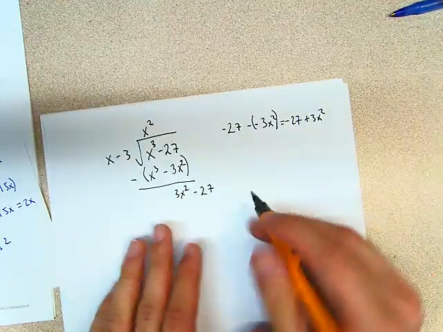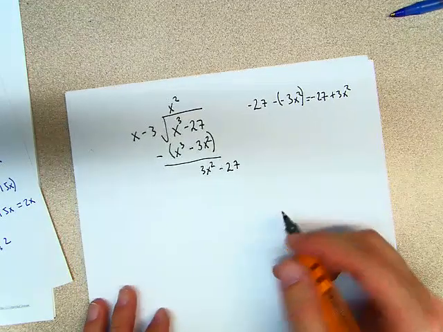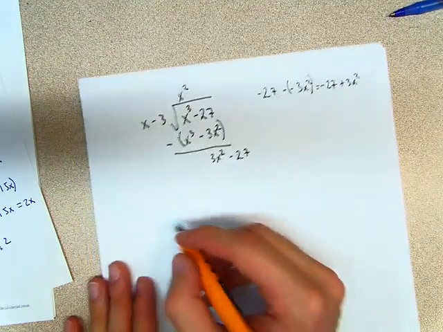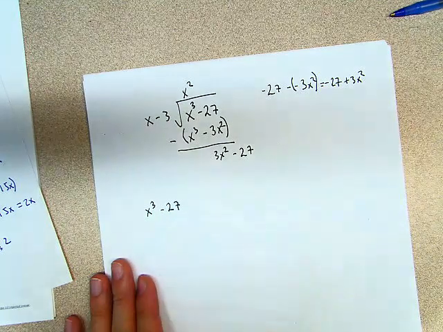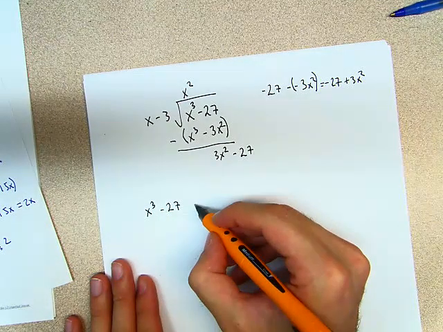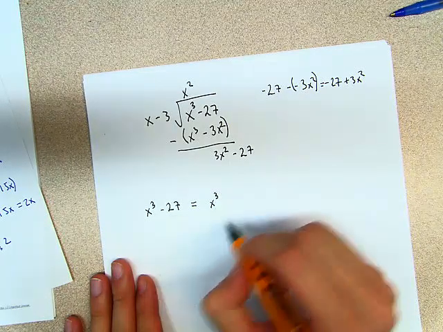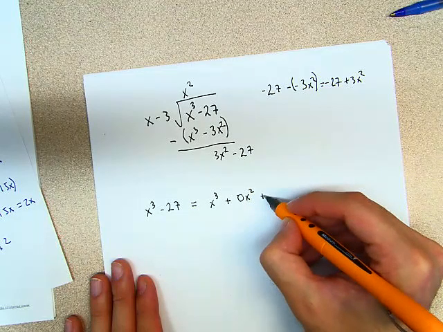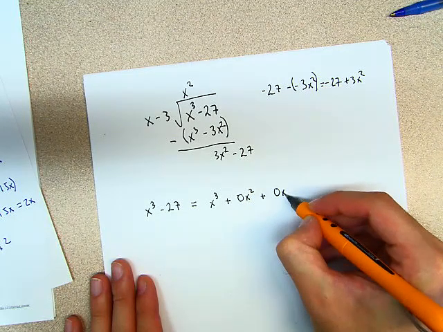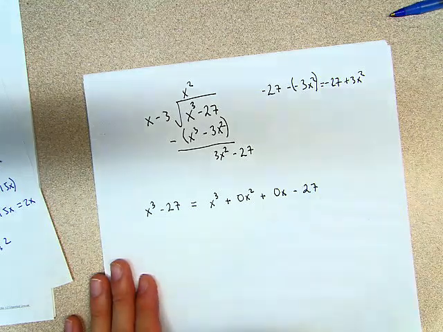And right now you feel like, oh, everything seems very confusing. So what we're going to do is this little technique that I thought of. Let's say you have x cubed minus 27, right? Do you agree or disagree that it's the same as x cubed plus 0x squared plus 0x to the 1, minus 27?